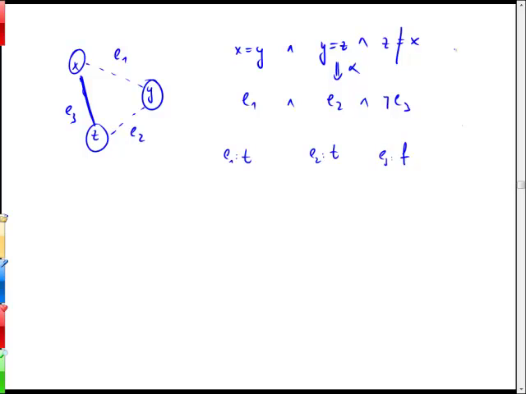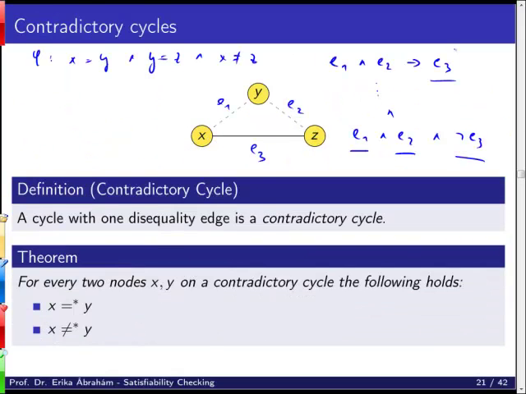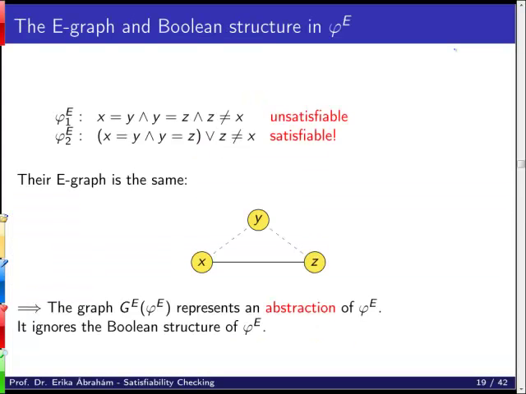But if I find a contradictory cycle, I can stop there because I have a contradiction. No, because this is only an abstraction. Here, this equality graph corresponds to both. So you also want to have a solution for the Boolean skeleton. And the first formula corresponds to an unsatisfiable formula, the second one to a satisfiable one.